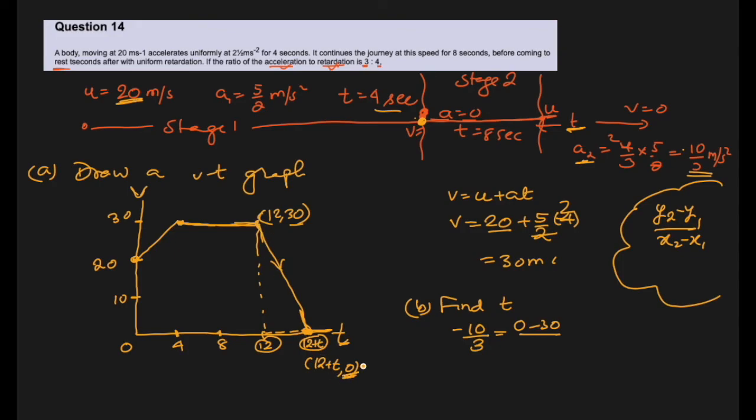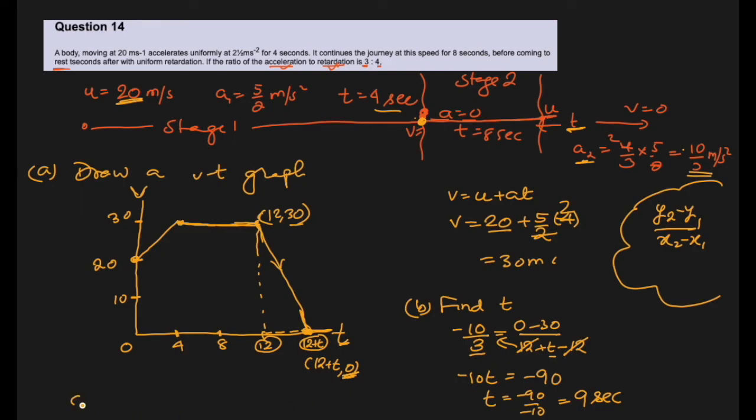Then t2 is 12 plus t, minus 12. 12 minus 12 cancel. So what are we left with? Minus 10 over 3 equals minus 30 over t. Let's cross multiply. T times minus 10 will be minus 10 t, equal to 3 times minus 30, which is minus 90. So t becomes minus 90 over minus 10, which is 9 seconds.